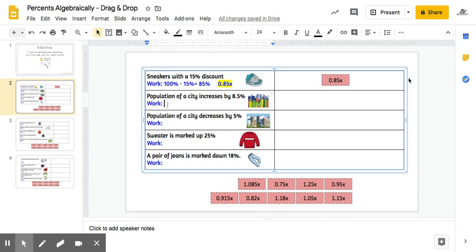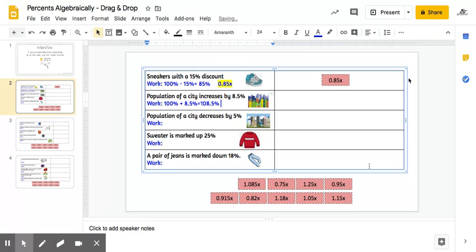All right, number 2 says a population of a city increases by 8.5%. Well, the keyword here is increases. So I'm starting out with 100% of the population and then I'm adding 8.5%. Well, 100% plus 8.5% is 108.5%.